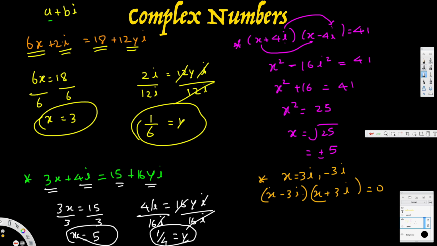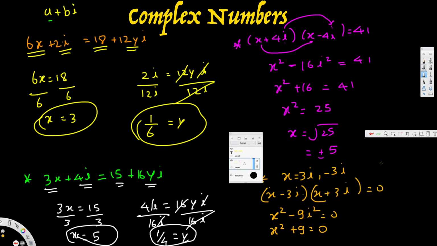So we can just multiply the first terms and second terms. X square minus 3 square is 9, 9i square, that's equal to 0. Therefore x square minus 9 times i square is minus 1, so minus 9 times minus 1 plus 9, that's equal to 0.